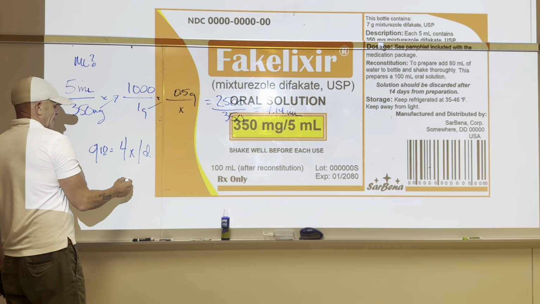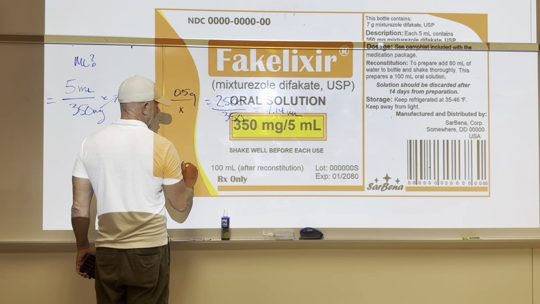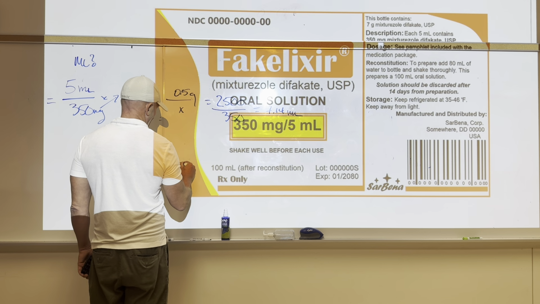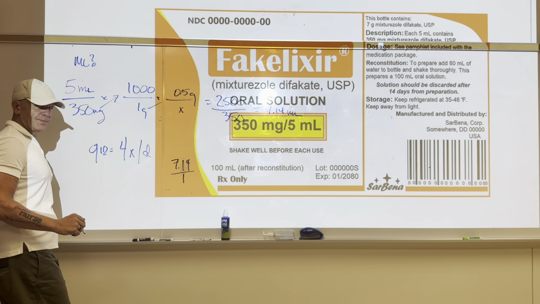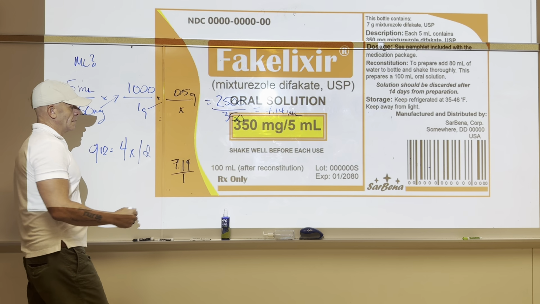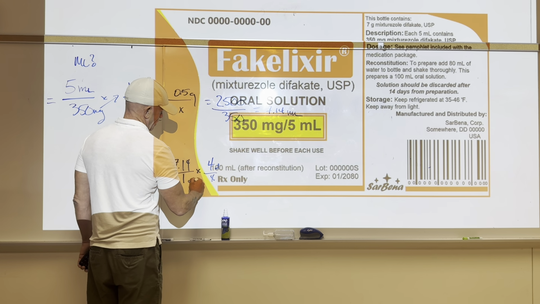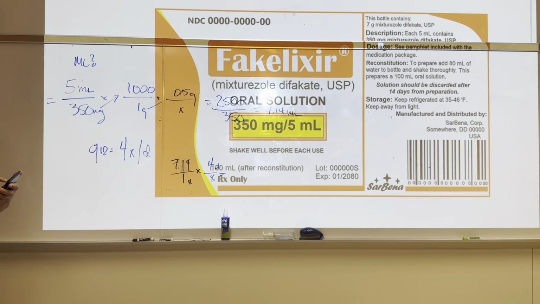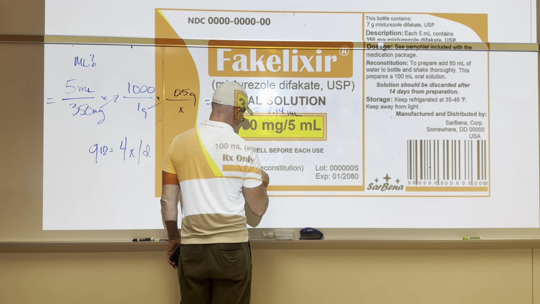So we got 7.14 over 1 dose. Then you have 4 doses over X. Because we know QID is 4, right? What's 7.14 times 4? 28.56 mLs per day.